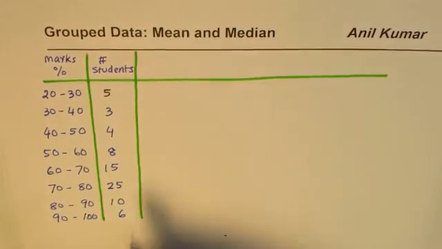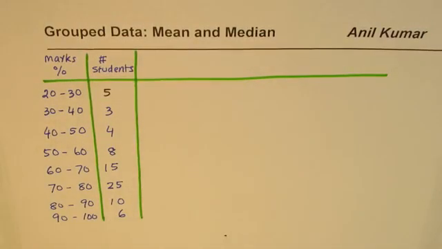Let's say this is the kind of distribution for students scoring marks in mathematics, and this data has been collected for all the grade 12 students in a school. Now we can add the number of students and find the total number of students for which the data has been collected.